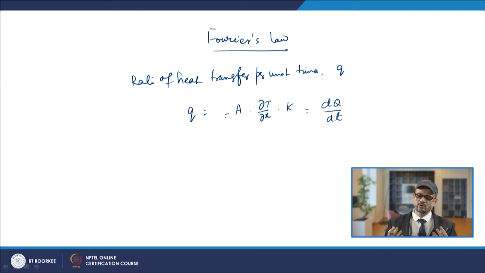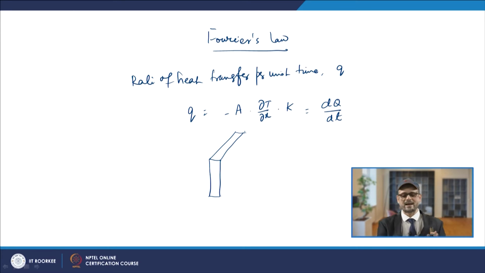If you go for the one dimensional case, you can have a geometry which you must have done earlier. If you take a geometry of this type where there is unidirectional heat conduction, you will have such a slab through which the heat is moving from this side to this side.